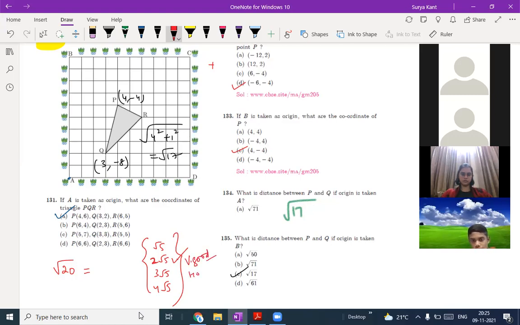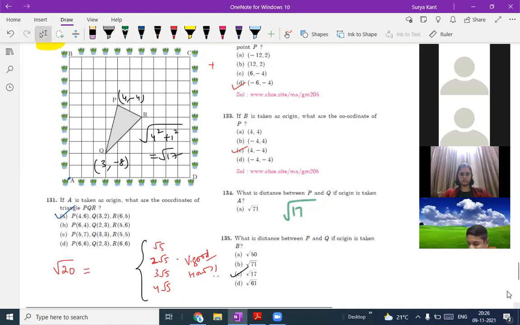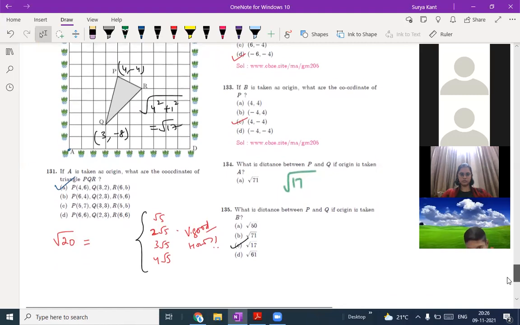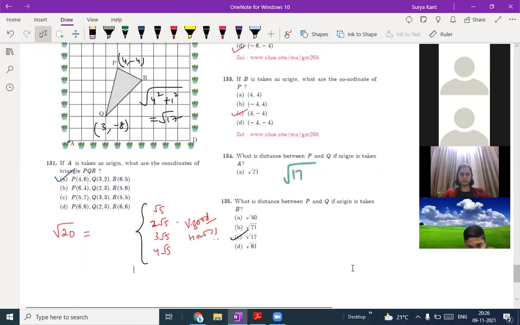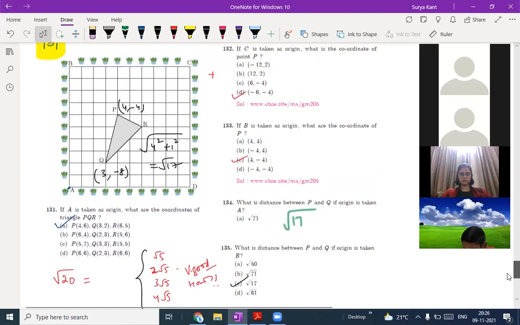But the question is how? Tell how 2 root 5 is coming. I think again a power cut happened. Leave it. When the power cut does not happen, Teja, then tell me this answer, okay? If you don't know this, ask me, Teja.